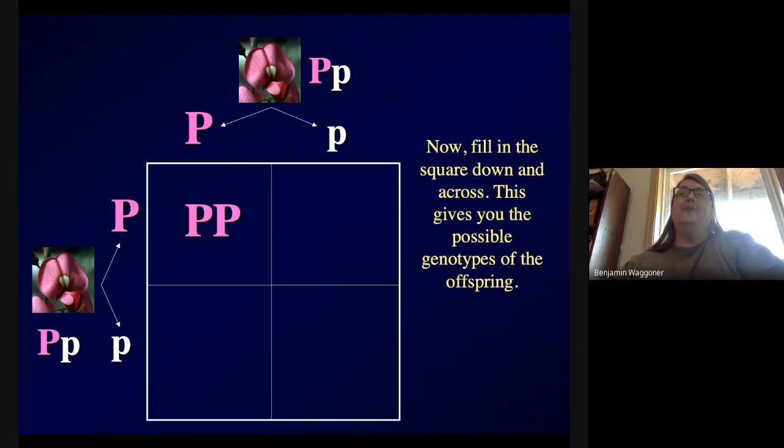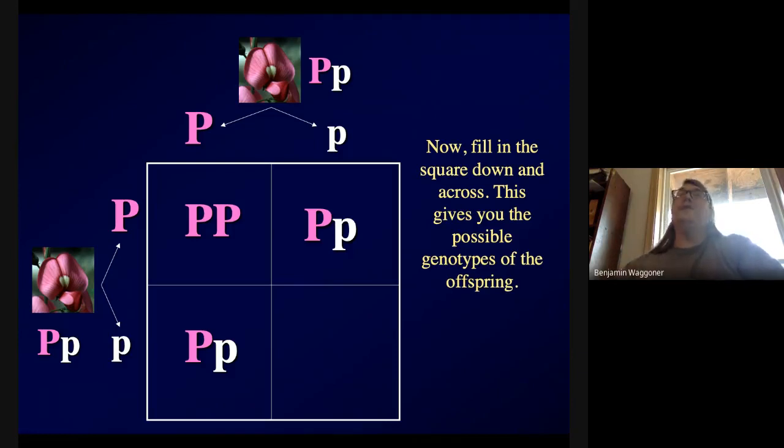We can write their genotype as capital P, capital P. Half of your offspring, 2 out of these 4, will get a capital P from one parent and a lowercase p from the other parent. They'll be heterozygous. Their genotype is going to be big P, little p. Their phenotype is going to be purple flowers.